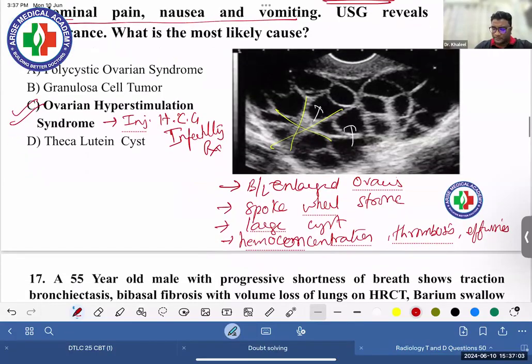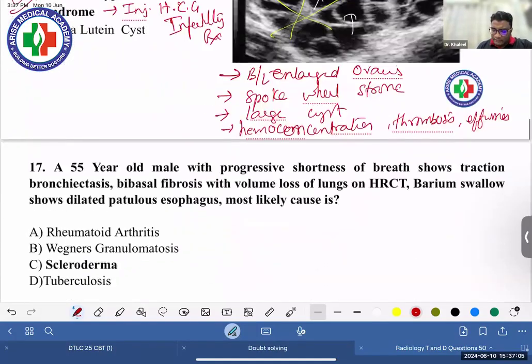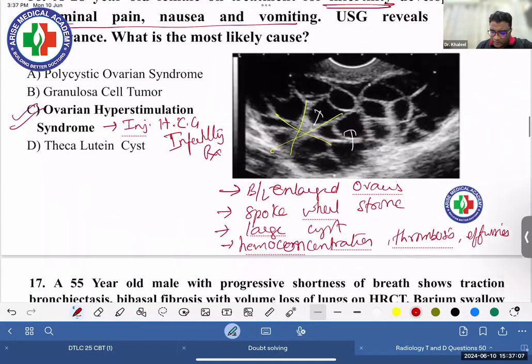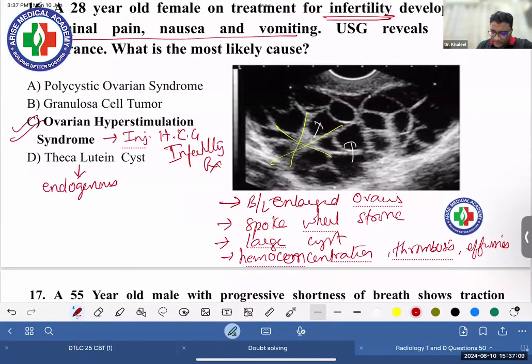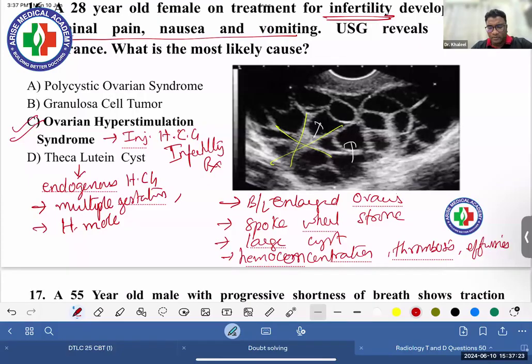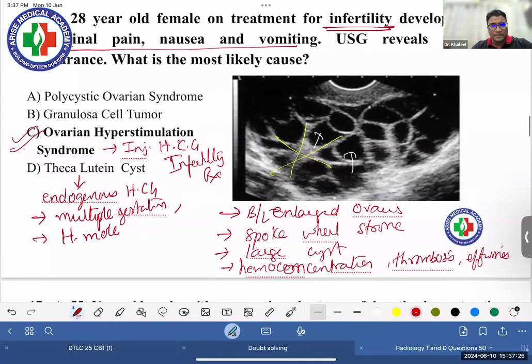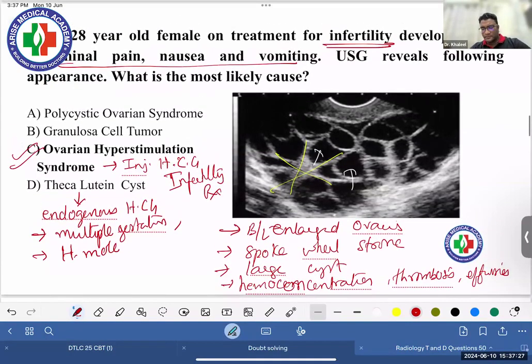Theca lutein cyst also has a similar appearance, but theca lutein cyst is due to endogenous HCG. You will have either multiple gestation or molar pregnancy, right? So simple one. Do be careful: if it was mentioned the patient has multiple gestation or hydatidiform mole, the answer should not be ovarian hyperstimulation syndrome.